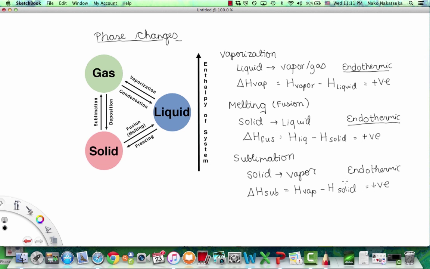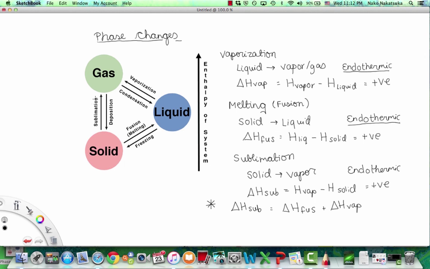So one thing that I wanted to point out here was that we can actually combine these, because remember we talked about how state functions can be additive, right? So the delta H of sublimation is actually the sum of the delta H of fusion and the delta H of vaporization. So now let's look at how that could be.